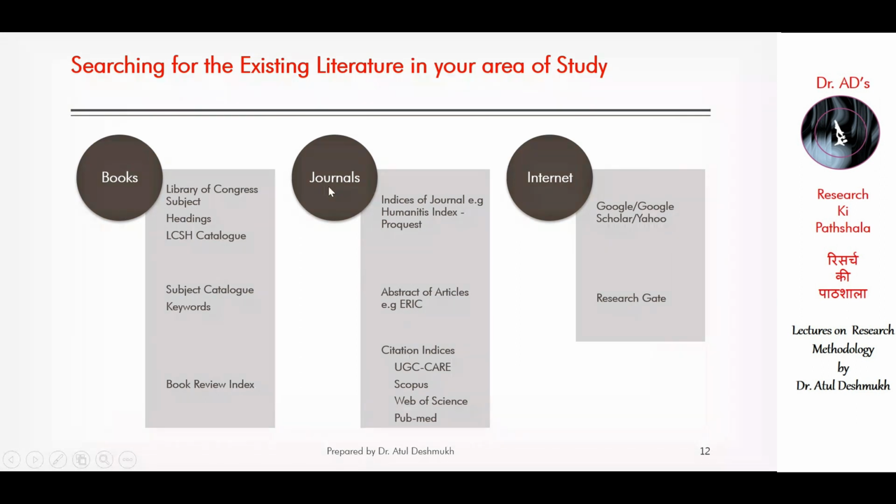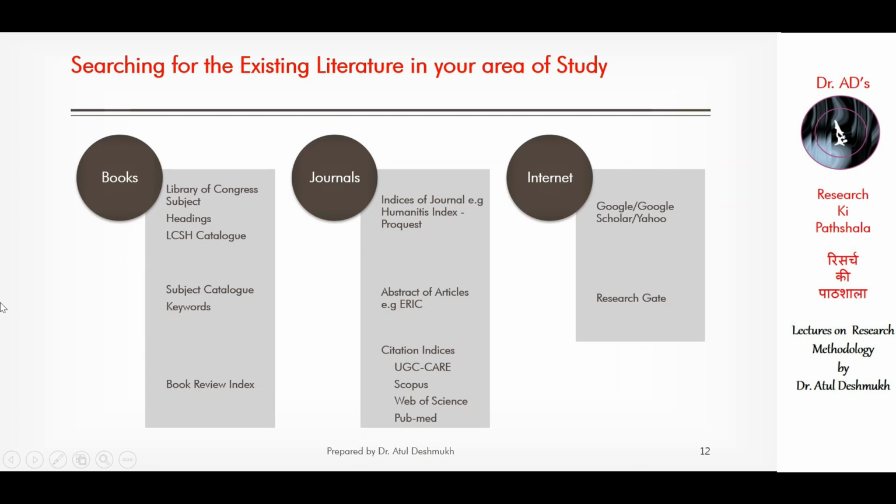Second is journals, and third is the internet. On the internet, many websites related to research are available, maybe Google Scholar or ResearchGate or similar research websites, where you can read articles related to your research problem. Now, one by one, we'll go into details of this.